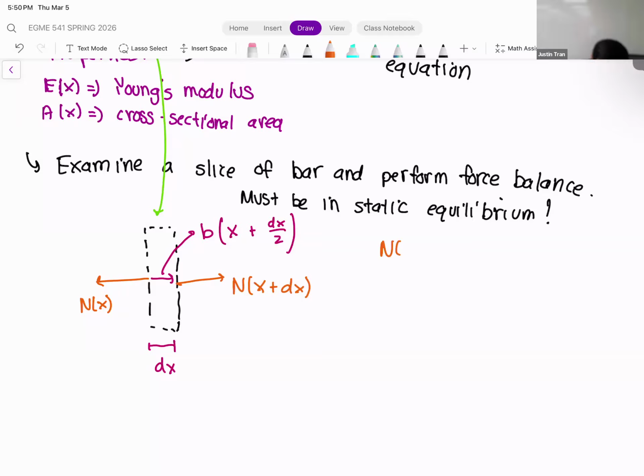For n of x here, this is an internal force that develops due to the elasticity of the bar.